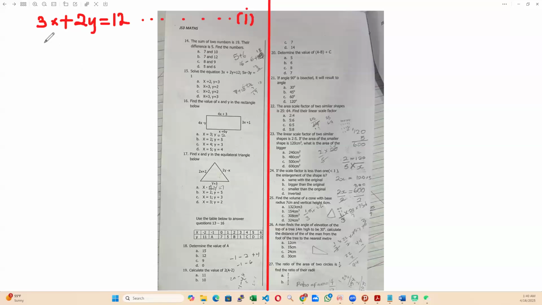Then we also have 5x minus 3y. We call this equation 2.